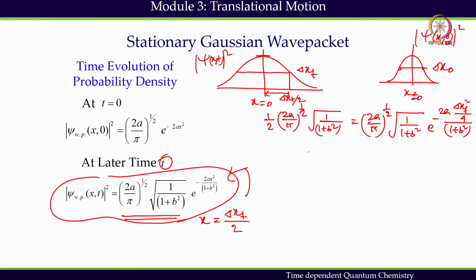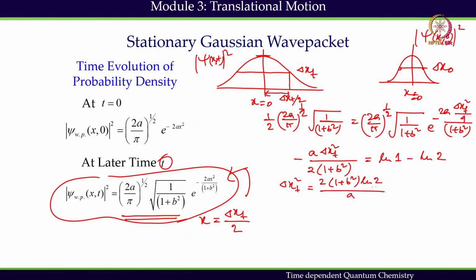So, what I have is now minus a delta x t whole square divided by 2 into 1 plus b square equals ln 1 minus ln 2, or delta x t whole square equals 2 into 1 plus b square ln 2 divided by a.